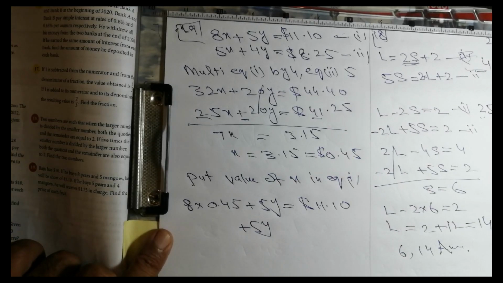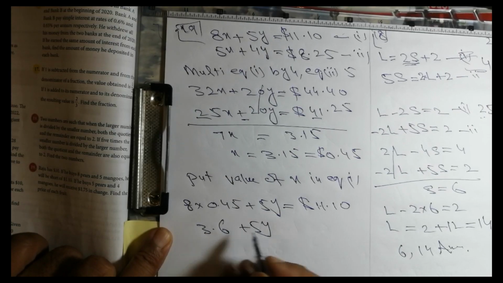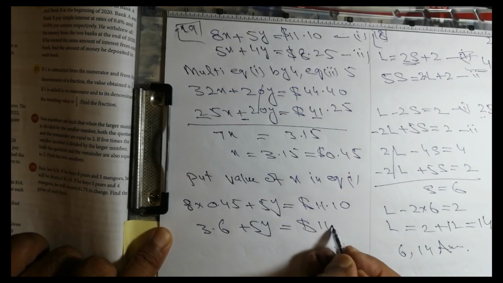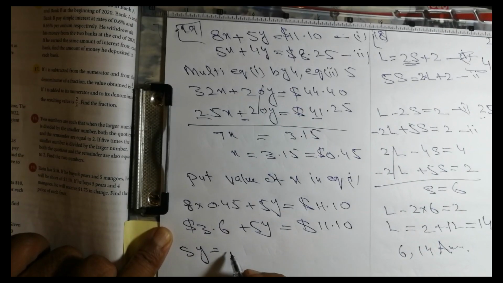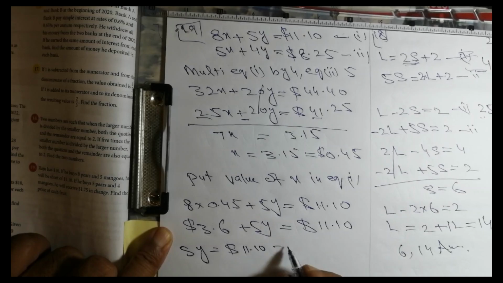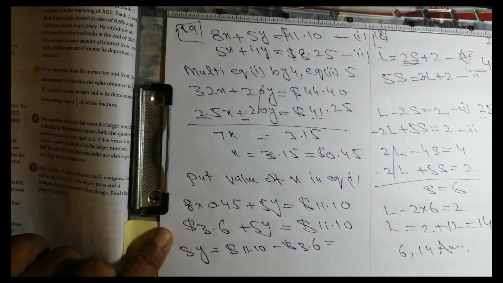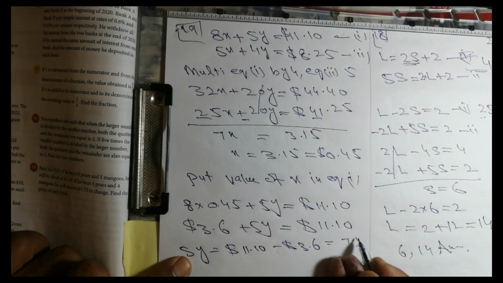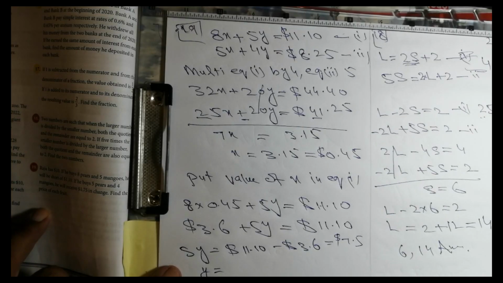So 5y, this is 8 into 0.45, 3.6, equal to $11.10. By the way, this is also dollars. So 5y equal to $11.10 minus $3.6, which is equal to 7.5, and y is equal to 7.5 divided by 5, $1.5.